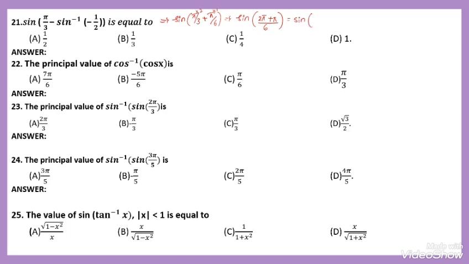Sine of 3 pi by 6. 3 ones are 3, 3 twos are 6. Then sine of pi by 2, that is sine 90 degree. Sine 90 degree will be 1. The option number D is correct.